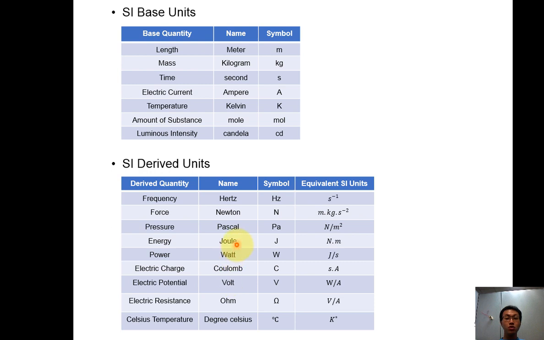Energy, we use joule, J, or newton meter. And so on. For example, power, we use watt. Electric charge, we use coulomb. Electric potential, we use volt. Electric resistance, we use ohm. Celsius temperature, we use degree Celsius. So this is the symbol, and this is the equivalent SI unit.